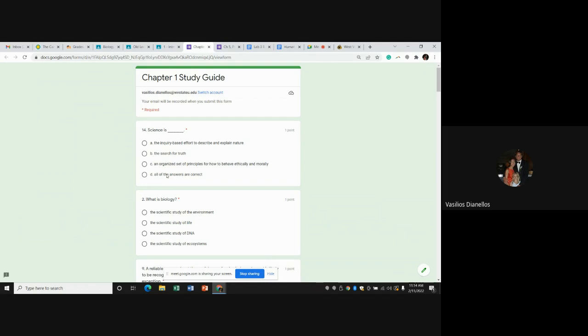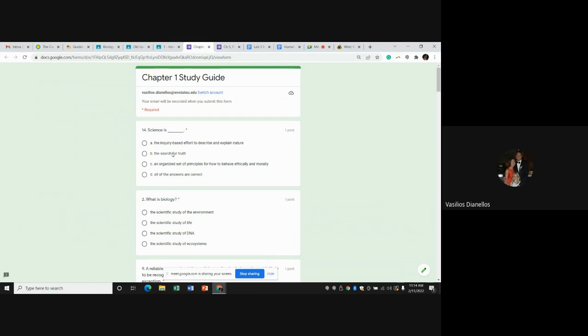So anyway, let's look at this one. It's basically asking what science is. It is this one: the inquiry-based effort to describe and explain nature. The search for truth, that's not specific enough. It's too vague. I mean, you could say history is the search for truth.